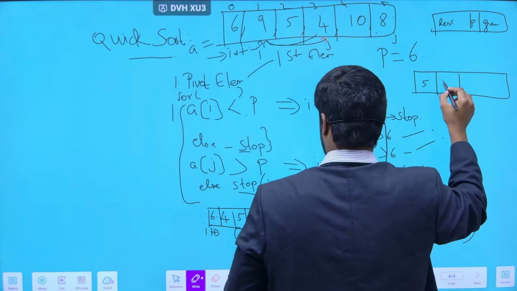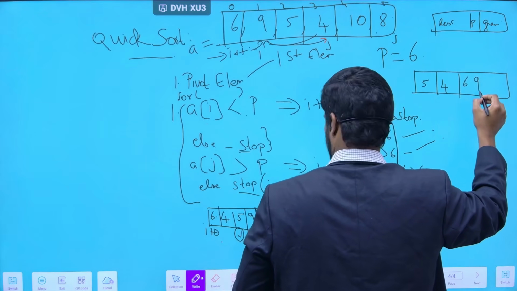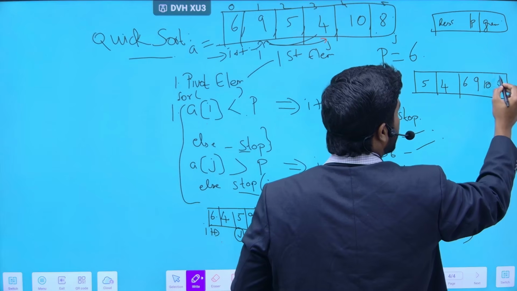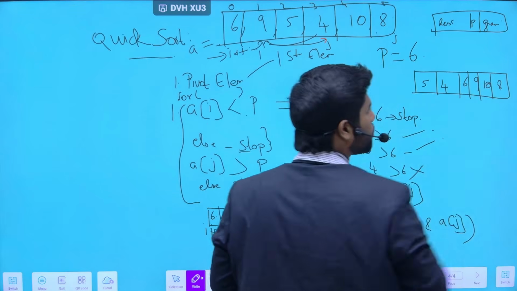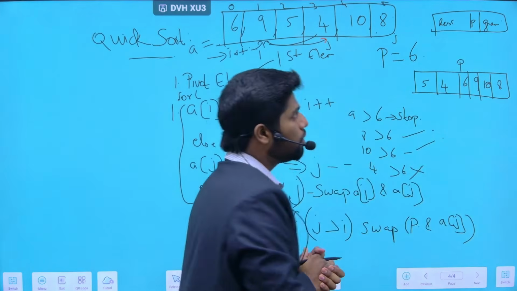5, 4, 6, 9, 10, 8. So this is the pivot element.